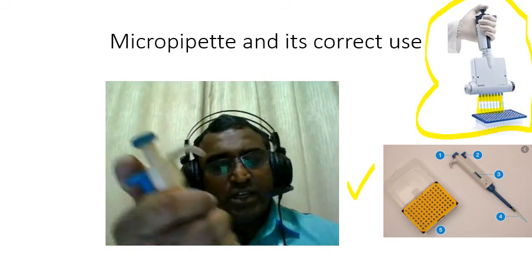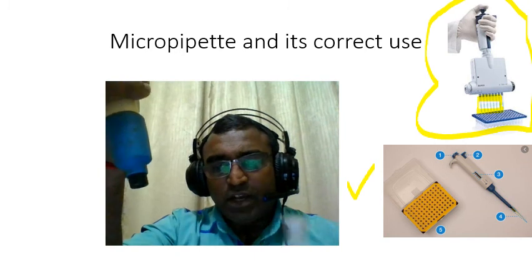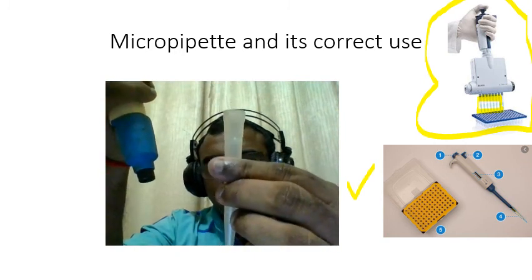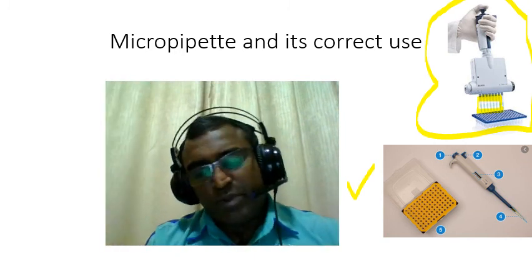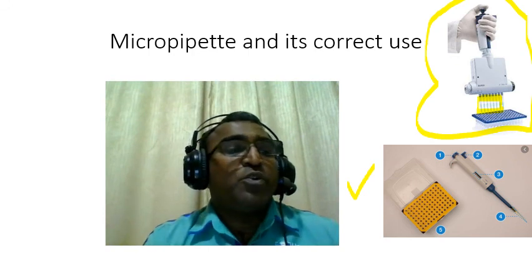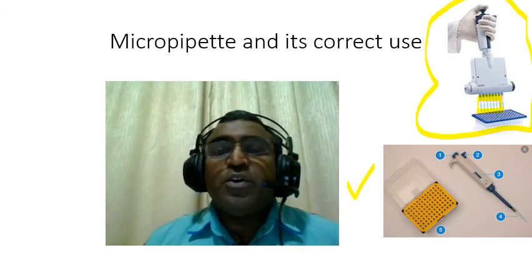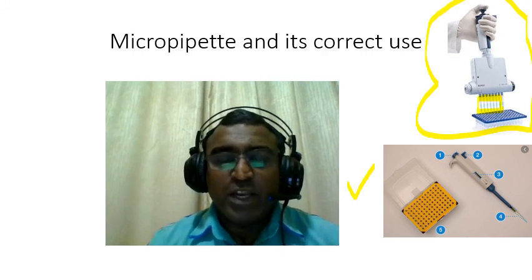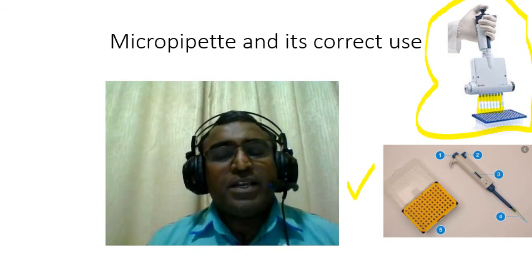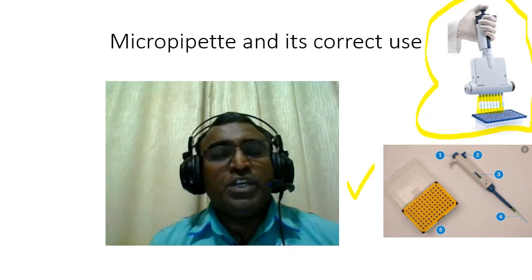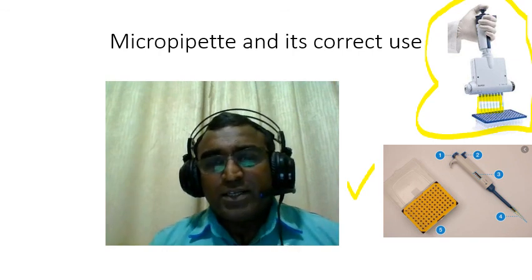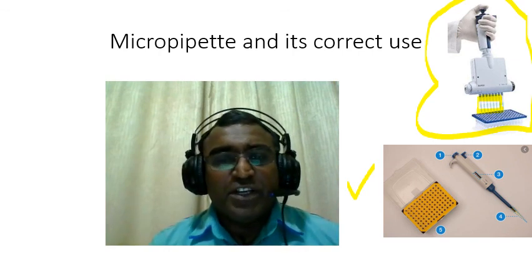Then you will see the tip comes out. So that's how simple it is to use a micropipette in the correct manner. I hope you are well aware and remember it. And when you go to the industry, it is a matter of refreshing your memory.